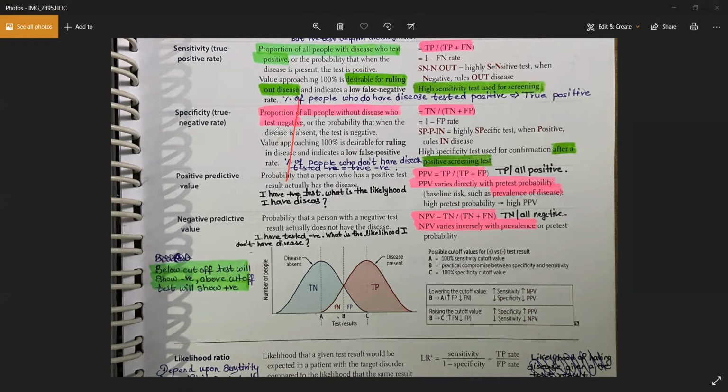This is the graph, the true positive, okay? And this corresponds to the false positive. This is the false negative. This is the true negative, right?